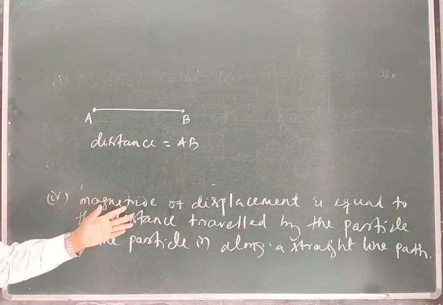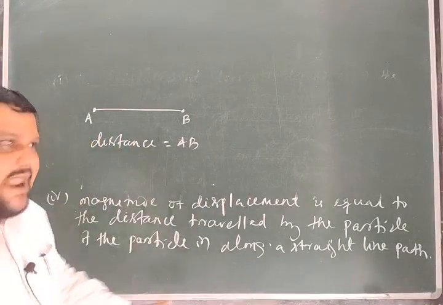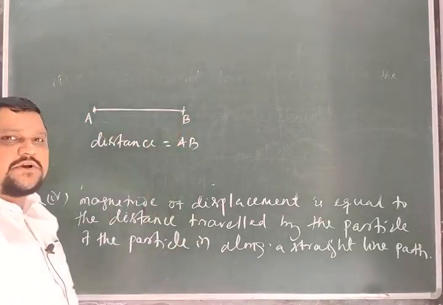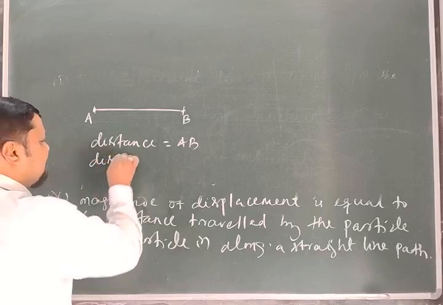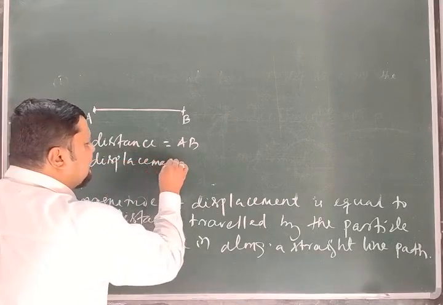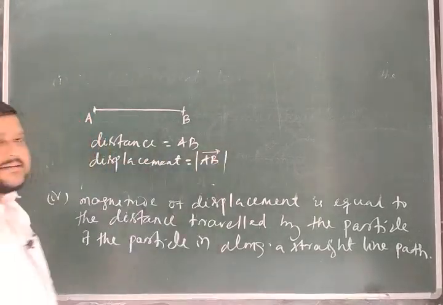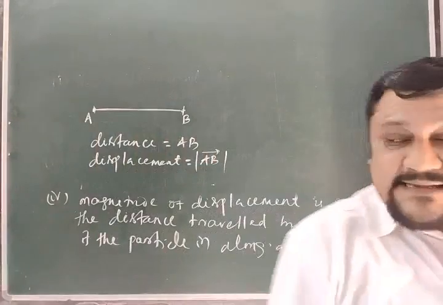Because displacement is a vector quantity, we are not going for the direction. The displacement of the particle is the line joining the initial to the final point, and this is the straight line which joins them. So the magnitude of the displacement is the magnitude of AB.